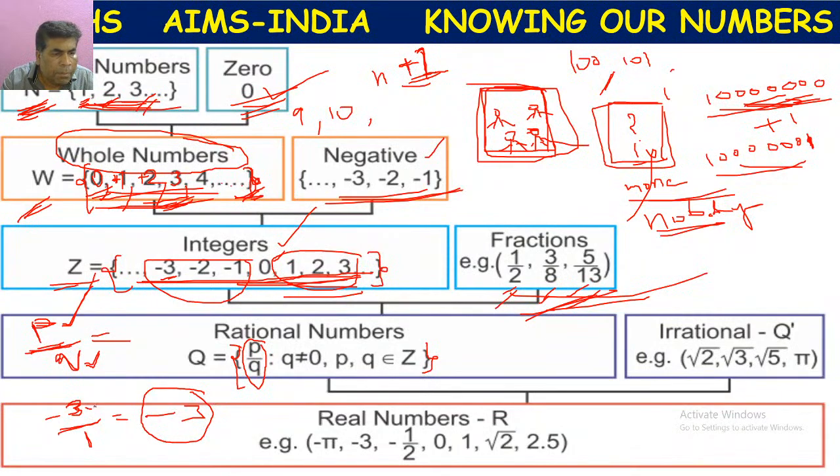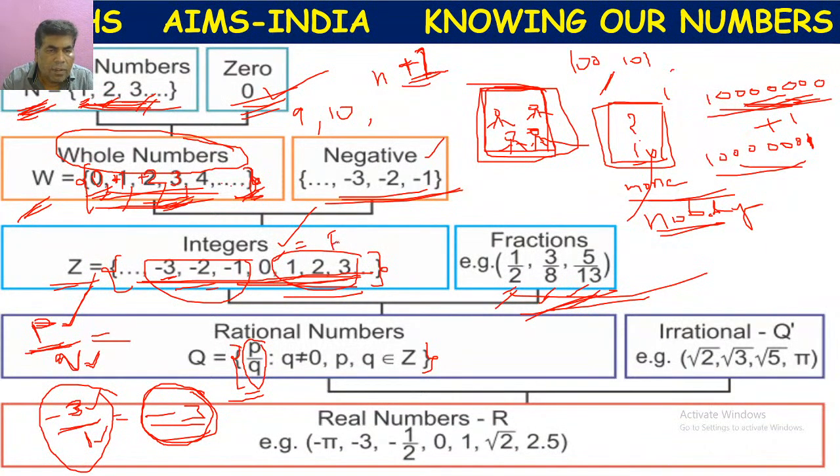Because any number divided by 1 is equal to the same number. So what I mean to say is -3 also can be written in the form of P by Q. So all integers can be written in the form of P by Q. So they are also considered as fractions.